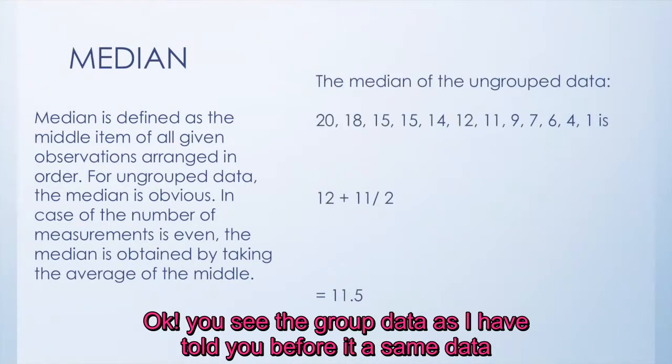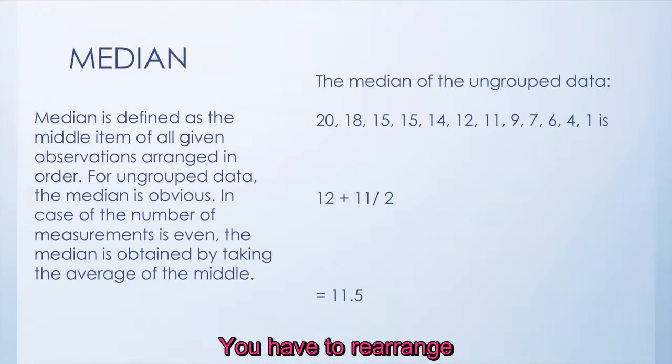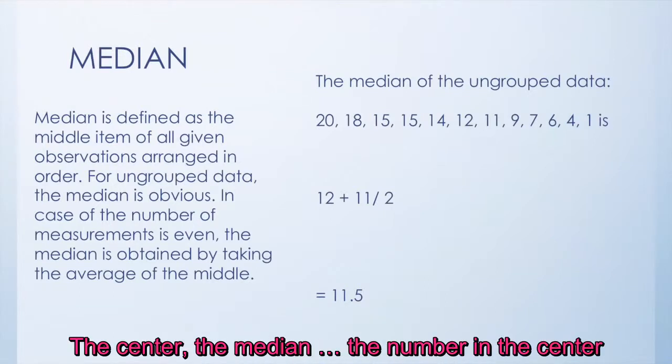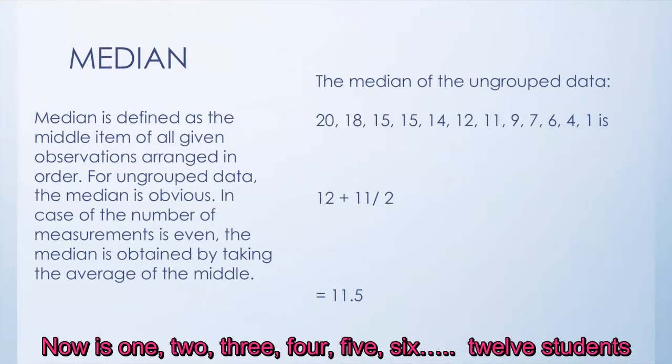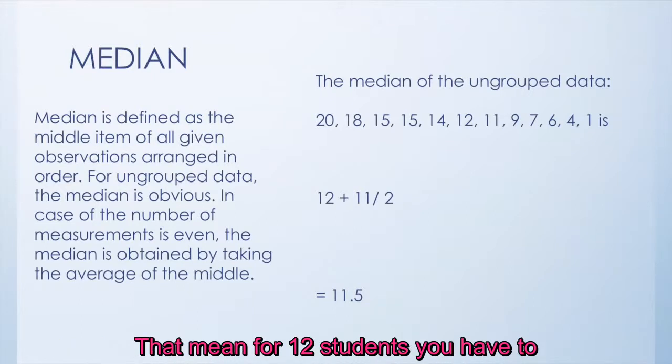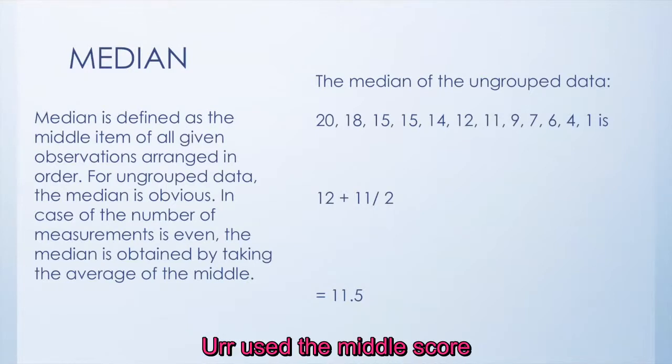You see the group data, as I told you before, is the same data. You have to rearrange. When you rearrange, the median is the number in the center. Now it's 1, 2, 3, 4, 5, 6, 12 students. That means for 12 students, you have to use the middle score.